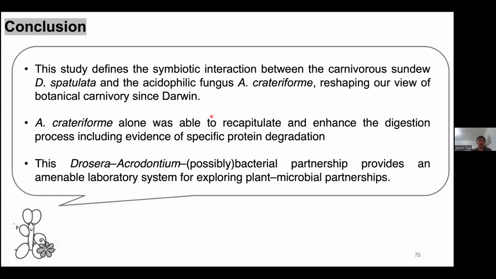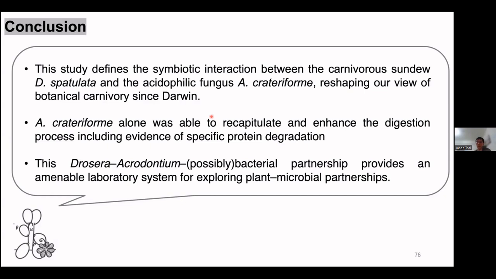And just to conclude, our study has redefined the symbiotic interaction between Drosera and Aquodontium, and really provides new insights into botanical carnivory that build upon Darwin's legacy. We were the first to demonstrate that a microbial partner not just enhances the carnivorous plant digestion process, but also influences nitrogen metabolism, with evidence of specific protein degradation pathways activated.